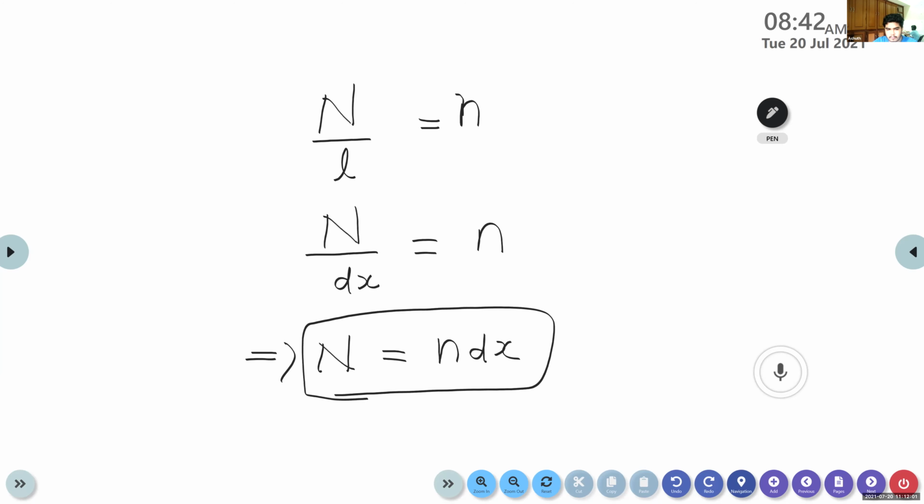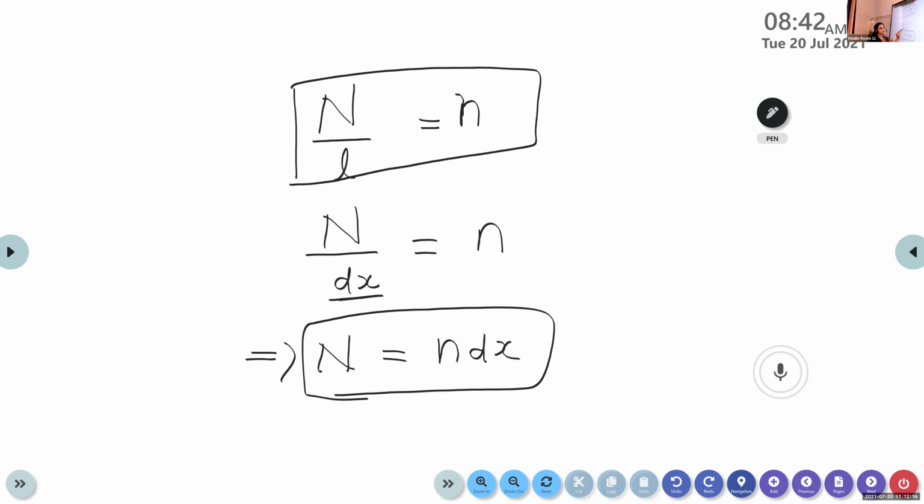Yes, ma'am. This is a general equation in physics. The number of turns per length gives the small letter n. But here we do not consider the entire length of the solenoid. Instead, we consider a small segment with a length dx. So the number of turns in that segment, N by dx, is equal to small letter n, or we can write N is equal to small n into dx.